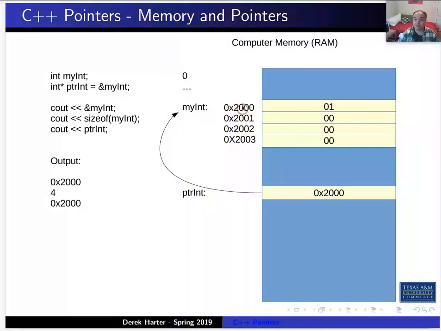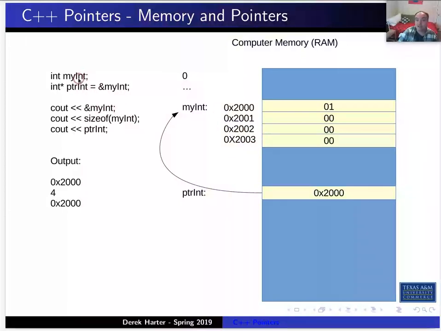Since integers need 4 bytes, and every memory address typically holds 8 bits or 1 byte of information, if my int was assigned memory starting at 2000, it would actually be using the addresses 2000, 2001, 2002, 2003.